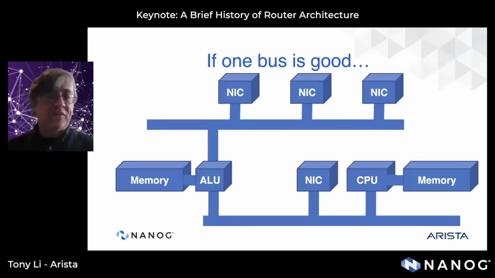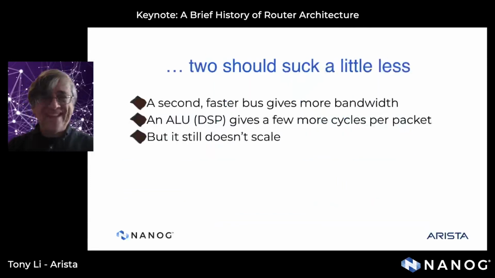In this case, it was a digital signal processor, and that got stuck on and a faster bus with new NIC cards. But this doesn't change the problem. It gives you more bandwidth, that's true, and a few more cycles per packet, but it doesn't really fundamentally scale things. Okay? Small constant improvement, sure, but it's not an architectural change.